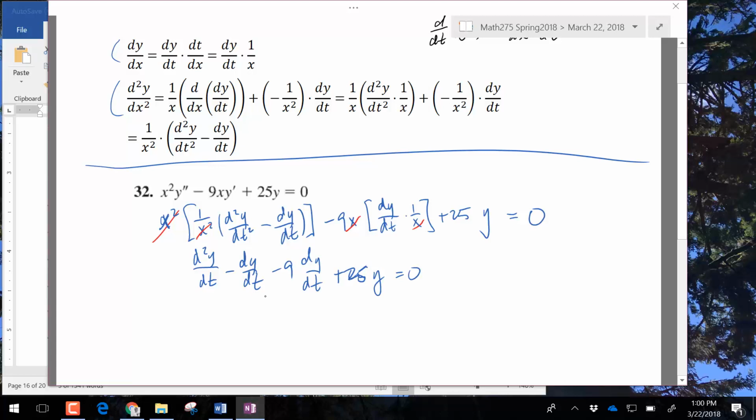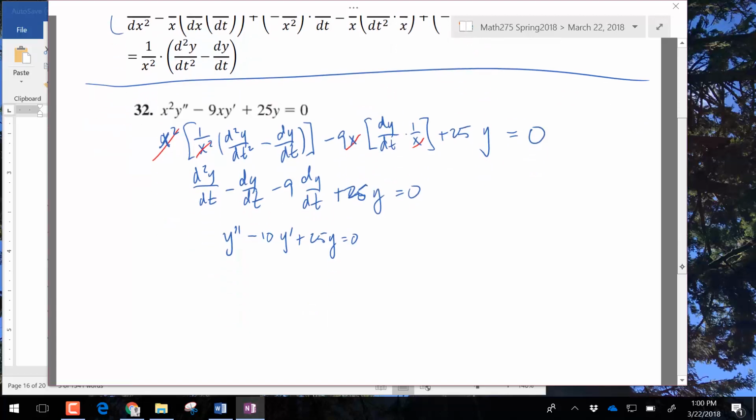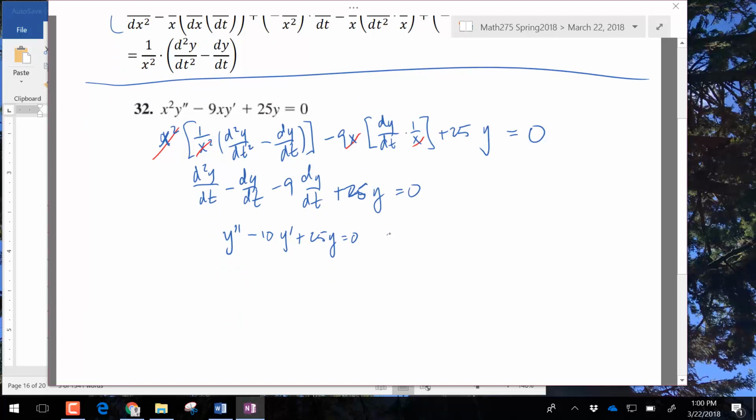See if we can remember that. I'm going to write it in the prime, double prime notation again: y double prime minus 10y prime plus 25y equal to 0. And now this looks familiar, right? Auxiliary equation.